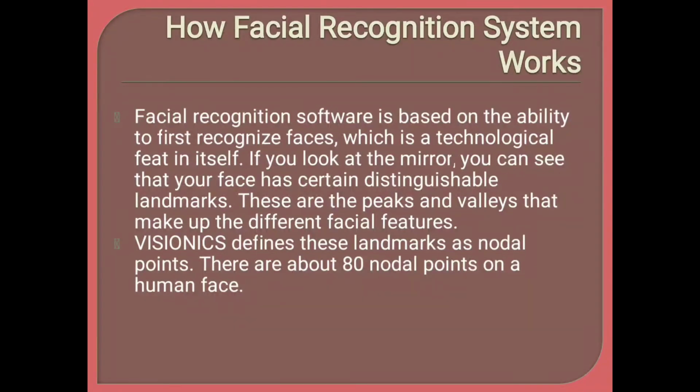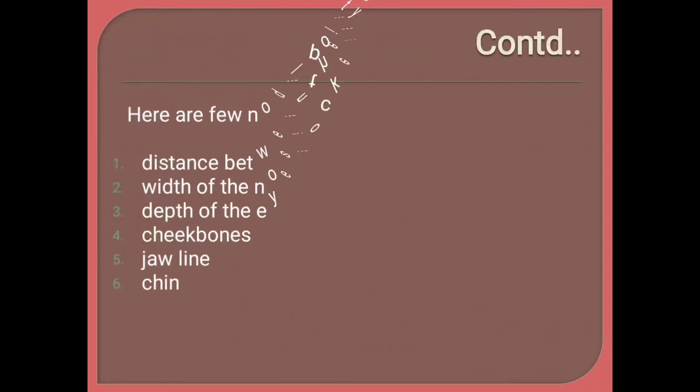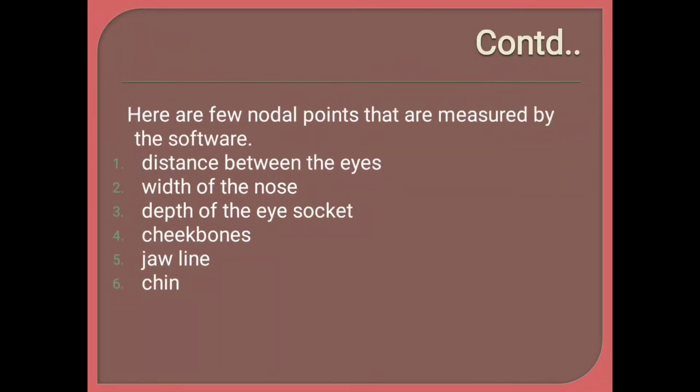VisionX defines these landmarks as nodal points. There are about 80 nodal points on a human face. Here are a few nodal points that are measured by the software: distance between the eyes, width of the nose, depth of the eye socket, cheekbones, jawline, chin.